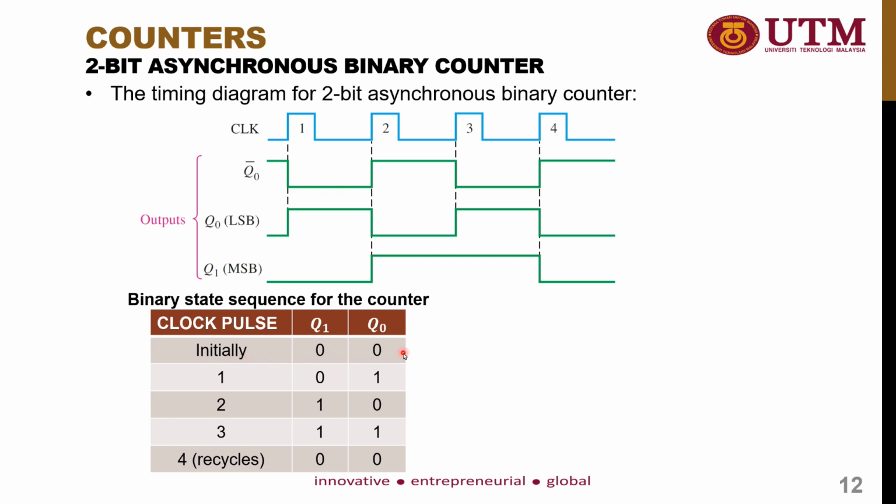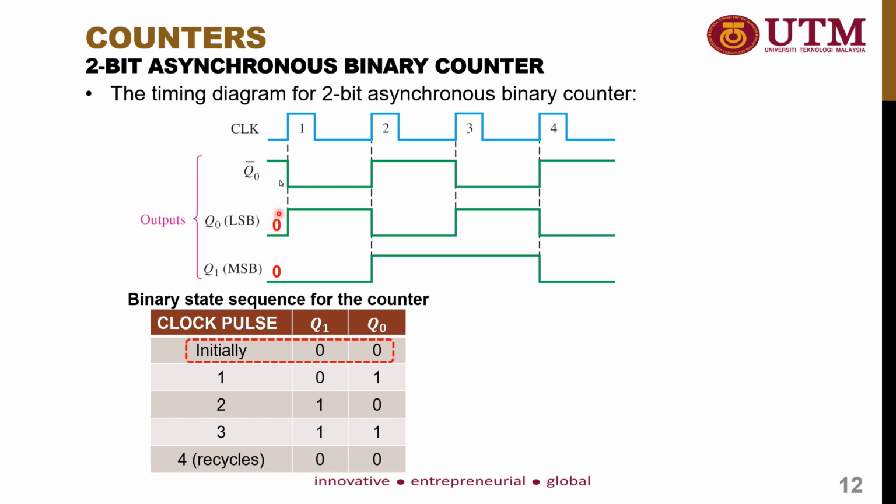As usual, if we want to count something, we must start from 0, right? So for the binary state sequence, the initial state of the counter is 0, where Q1 is 0 and Q0 is 0.